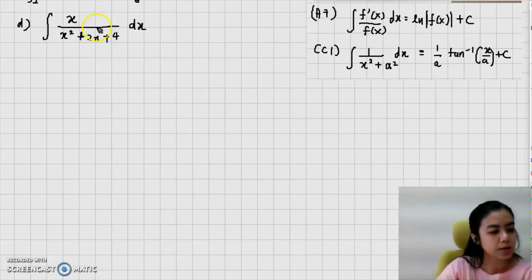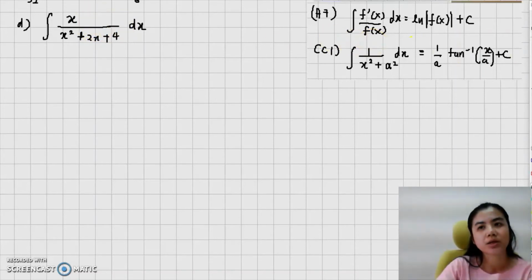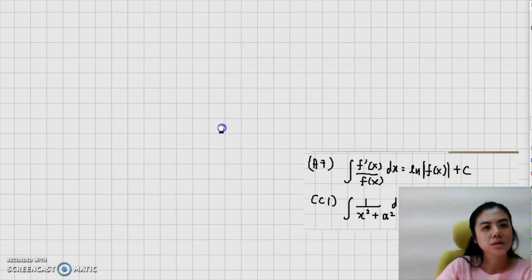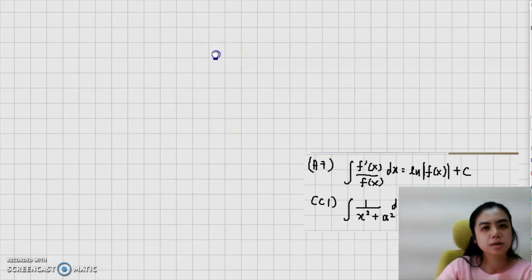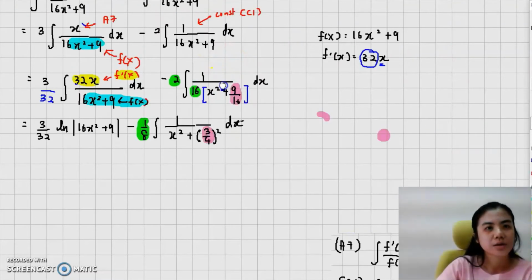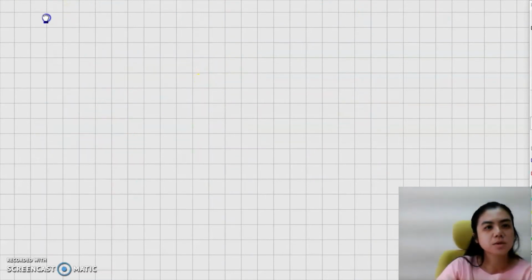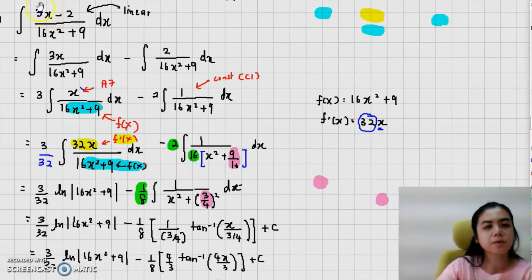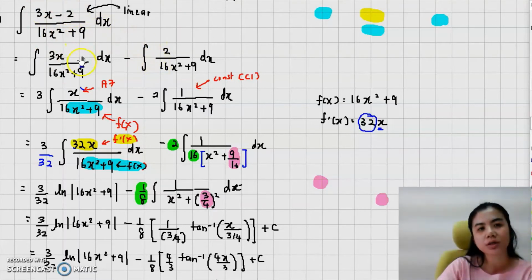Just now we had a linear equation, where the linear equation is the combination of x and a constant. When you have that, what you have to do is split into two different equations. One is to handle the x, and one is to handle the constant.